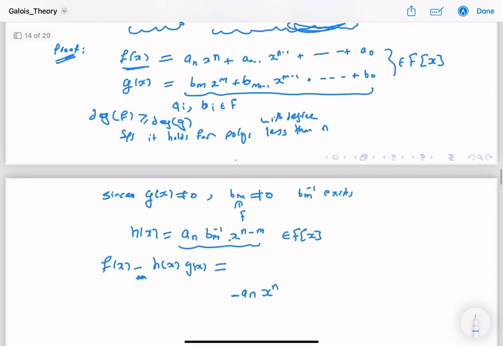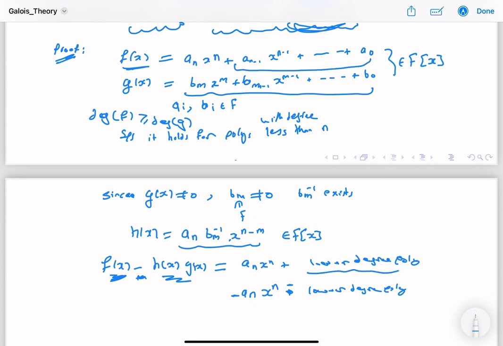And we're gonna just have f here plus lower degree poly, and here minus lower degree poly. It's coming from the expansion: this thing is the rest of the terms of f, and this thing is the rest of the terms of h of x times g of x, okay?